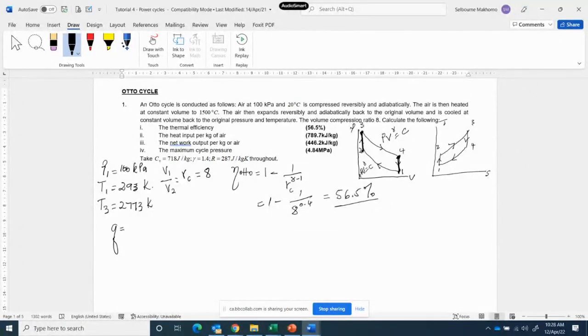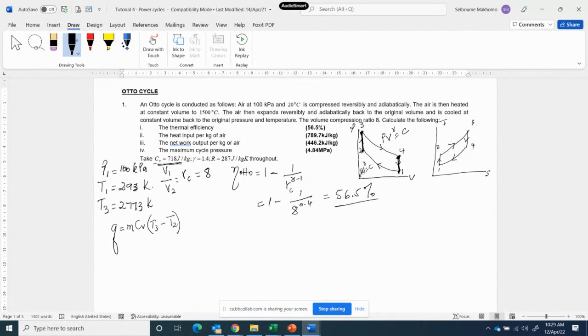And because it's taking place at constant volume, it's going to be m CV, taking place between 3 and 2. It's going to be m CV (T3 minus T2). That's what we have. So mass is 1. CV is given here as 718. The only thing that we need to calculate here is T2.